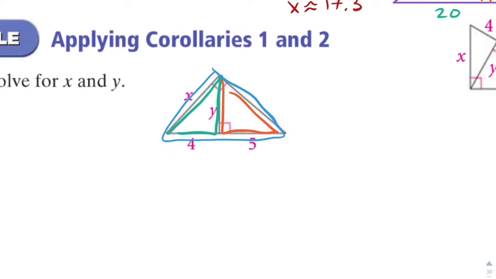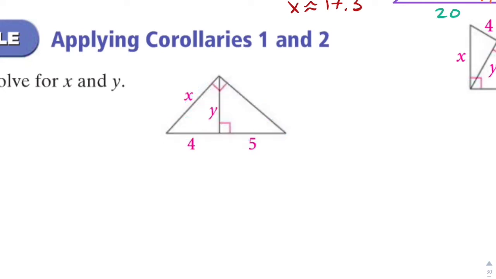The sides go in order based on the hypotenuse of the other triangles. The smallest triangle's hypotenuse is the shortest side of the outer one. The medium triangle's hypotenuse is the middle length side, and then the hypotenuse is just the hypotenuse of the outer triangle.